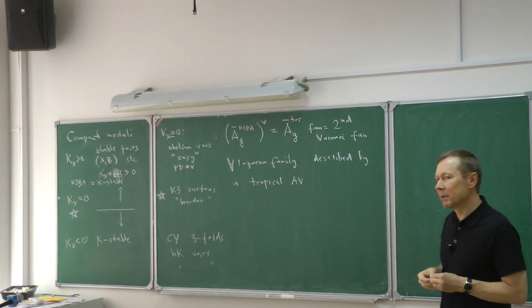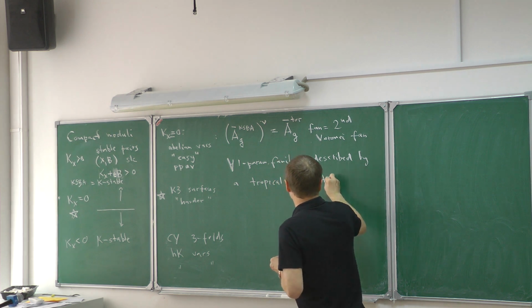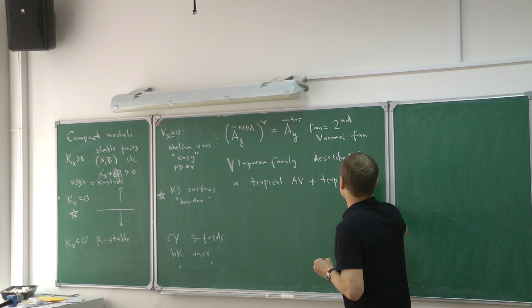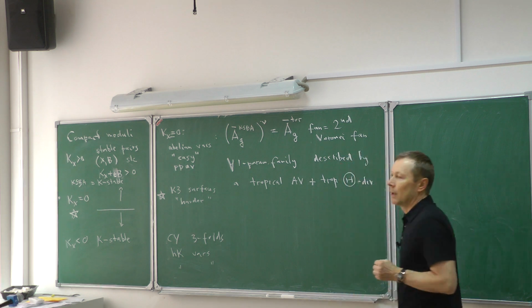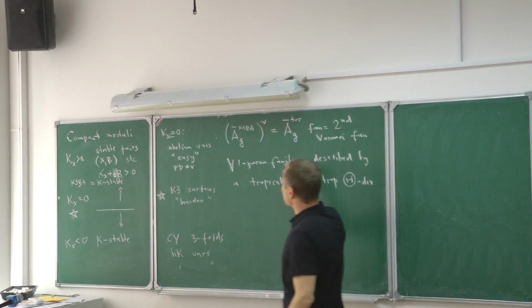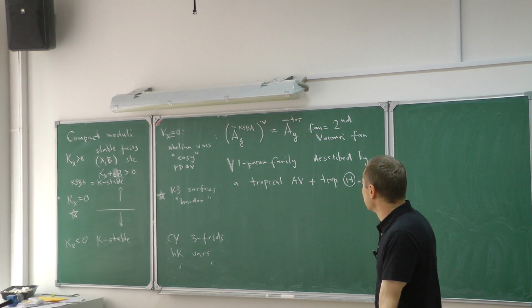So a tropical principally polarized abelian variety with a tropical theta divisor. So there is this combinatorial object which captures the combinatorial essence of the situation.